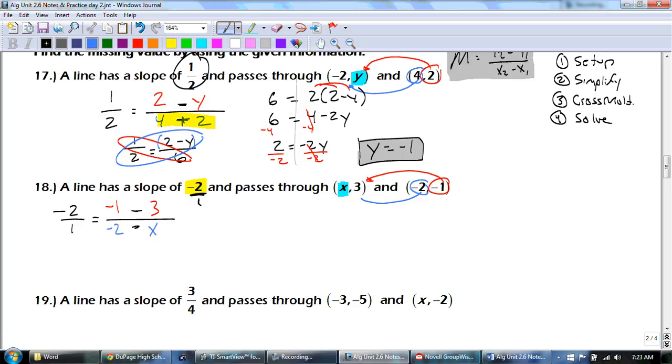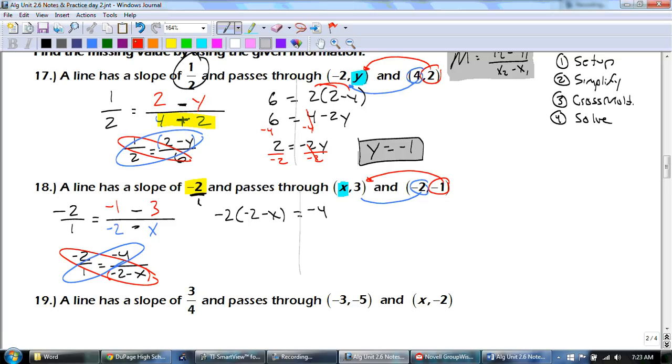So I can simplify the top to -4, and the bottom stays -2 minus x. I'm going to put that in parentheses because now when I cross multiply, I have -2 times (-2 minus x) equaling 1 times -4, which is -4.